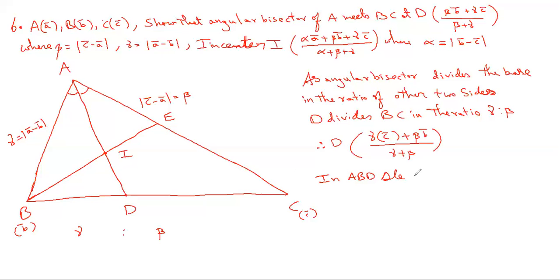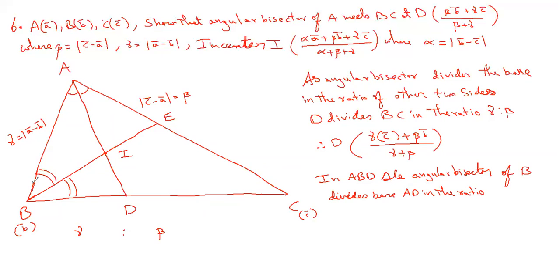The angular bisector of B divides the base AD in the ratio of the other two sides.